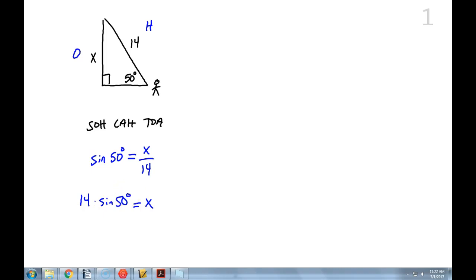Now, if I wanted to, and let's say you get to the test and you just kind of freeze, but you do remember the law of sines, you could use that as well. Okay, not 19, it should be 14. Because watch what happens.